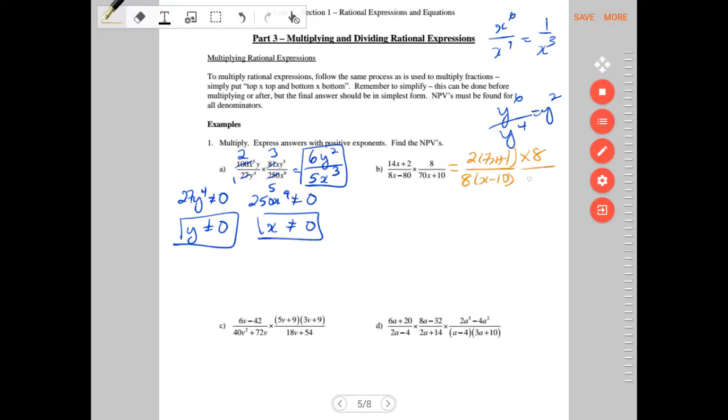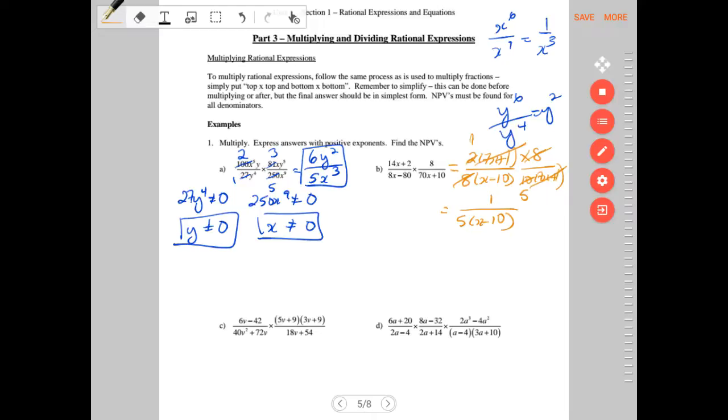And I can factor a 10 out and get 7x plus 1. Now, if you notice, there's a 7x plus 1 on the top and the bottom, so they both cancel. I have an 8 on the top and the bottom, and they both cancel. And 2 goes into 2 once, and into 10 5 times. So, on the top, I just have 1. And on the bottom, I have 5 times x minus 10.